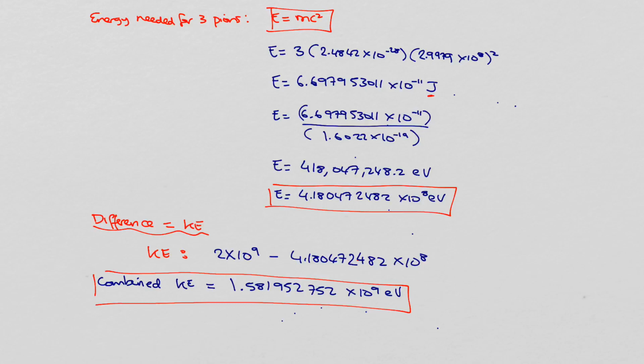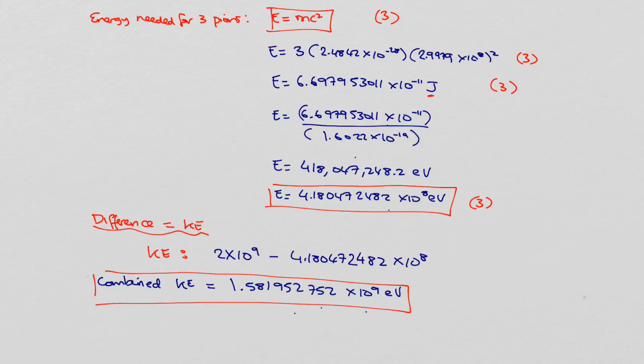So all of that is the leftover energy after the pions have been made, and therefore will be used as kinetic energy. So we had 3 marks for using our E equals mc squared, multiplying it out, getting it in joules, and then getting it in electron volts.